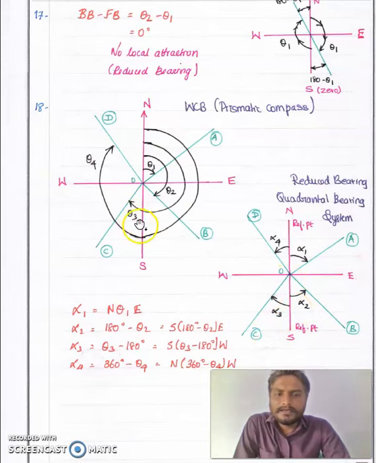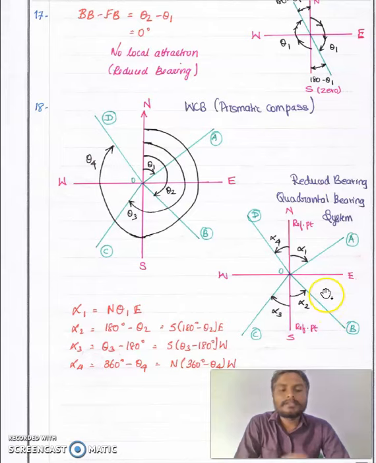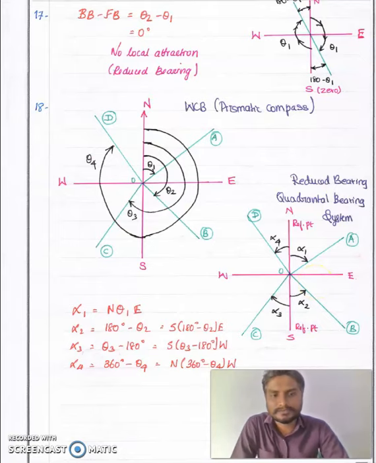After finding alpha 2, it is alpha 2 E. This is the way of representation considered in the reduced bearing or quadrantal bearing system. We are reducing the value, hence it is called reduced bearing system. Or it is classified quadrant-wise, hence it is called quadrantal bearing system. There are 4 quadrants: south to east, south to west, north to east, north to west.